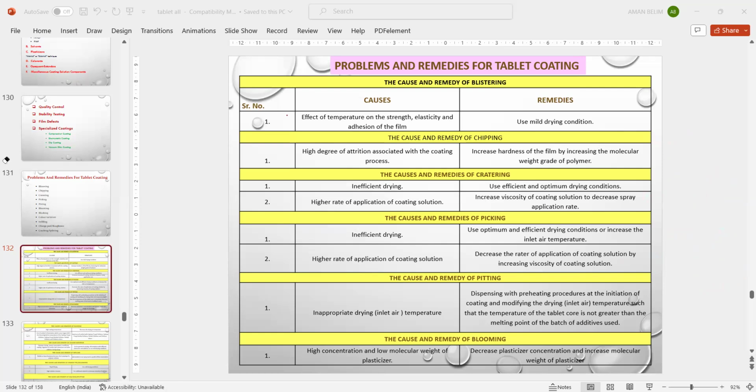Then there is a problem of picking and sticking here also. But it is somewhat different from the picking and sticking during tablet manufacturing.